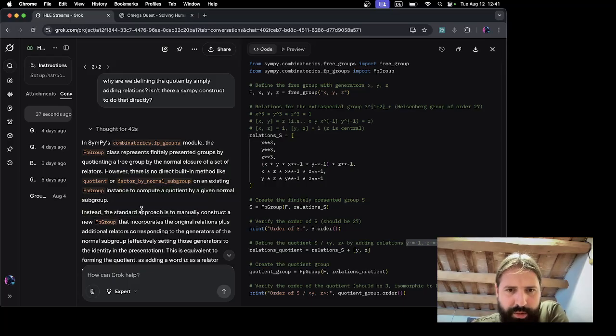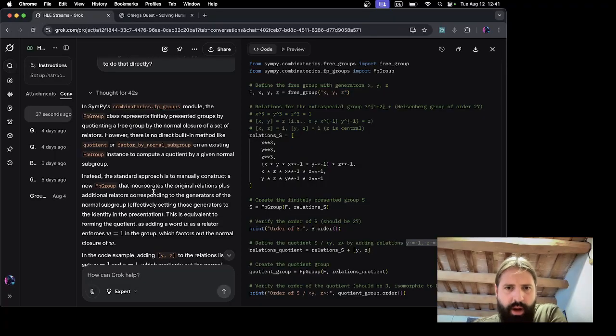Instead, the standard approach is to manually construct a new group that incorporates the original relations plus additional relators corresponding to the generators of the normal subgroup, effectively setting those generators to the identity in the presentation. This is equivalent to forming a quotient.